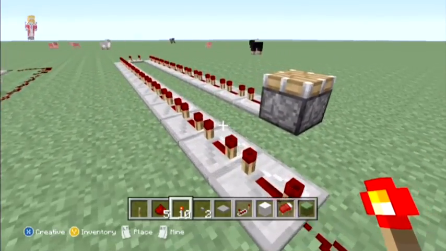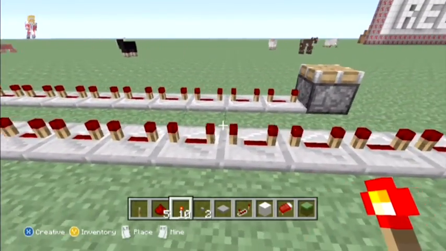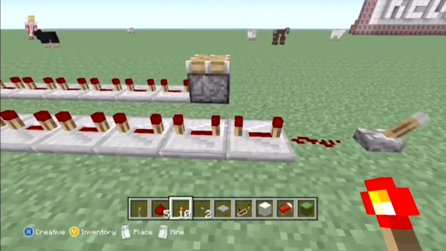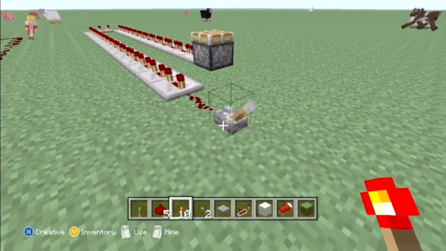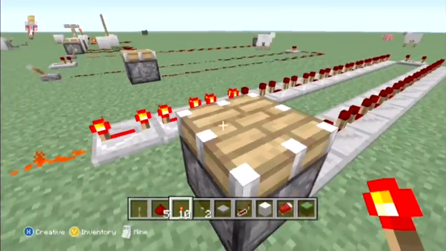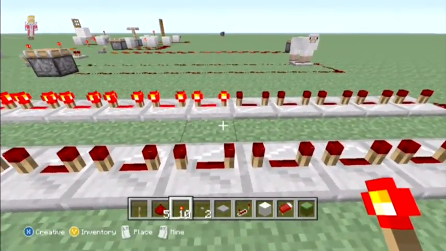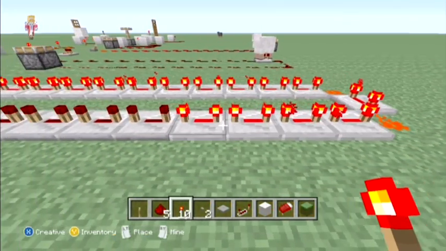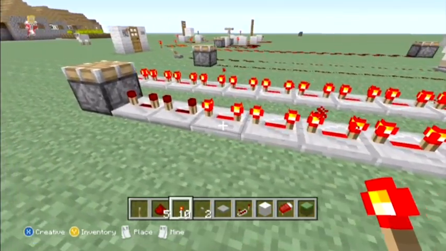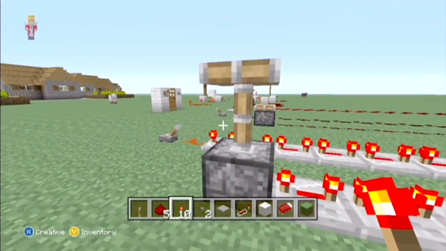So here we have a bunch of redstone signals set up, each on the longest delay possible. So when we turn the switch on, the redstone signal slowly makes its way up because the repeaters are set at their longest delay possible, and the piston goes up.